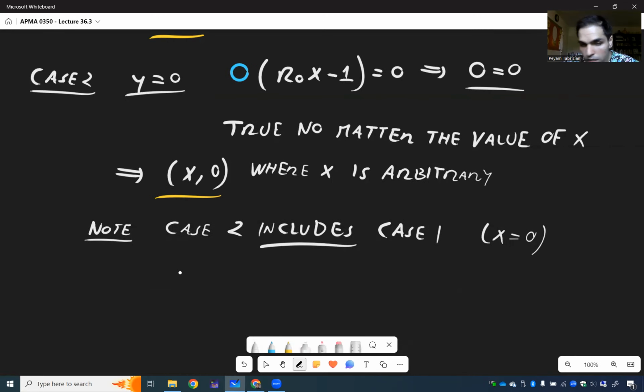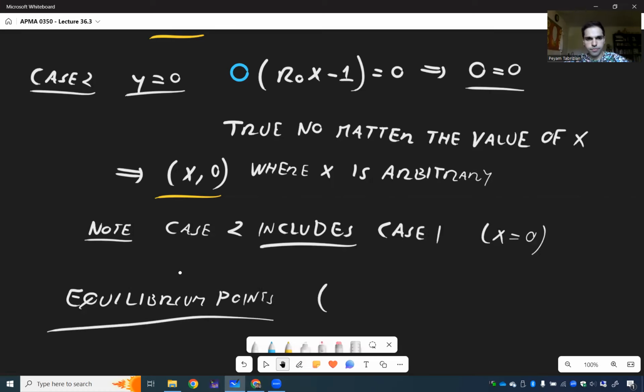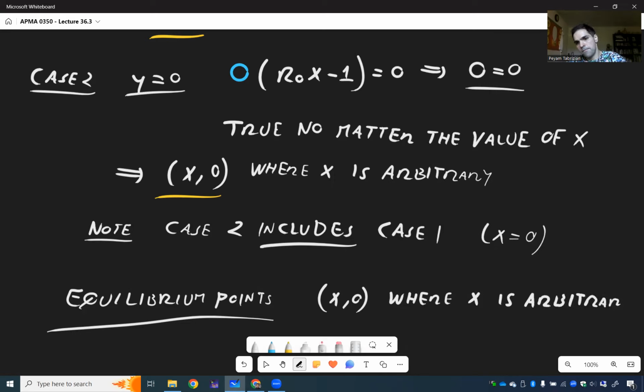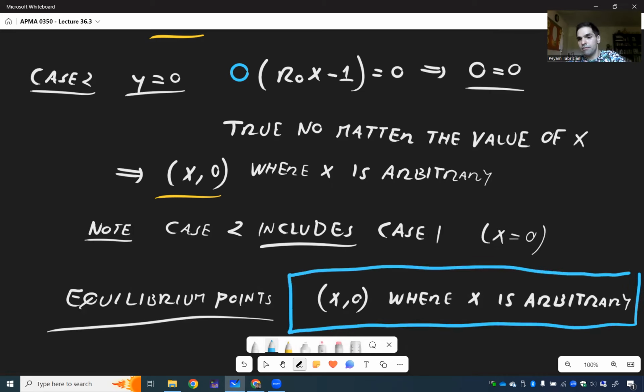So let me rewrite this. Equilibrium points, which is x comma 0, where x is arbitrary. So that's first of all. And now let's classify them.